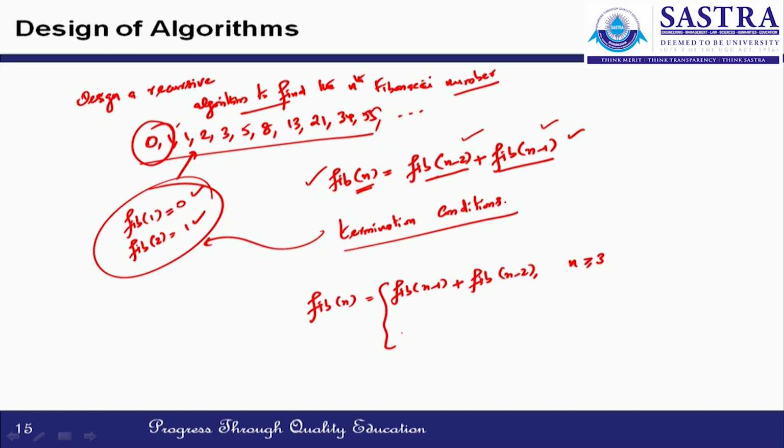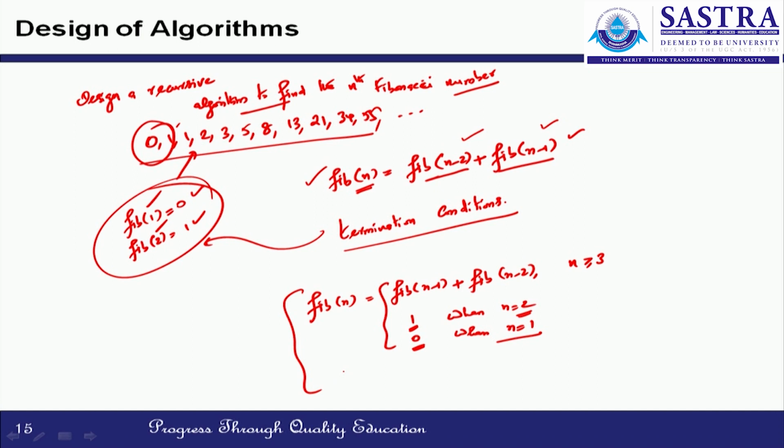And fib of 2 is equal to 1 when n is equal to 2. Fib of 1 is 0 when n is equal to 1. When n is equal to 1, the value is 0. When n is equal to 2, the value is 1.